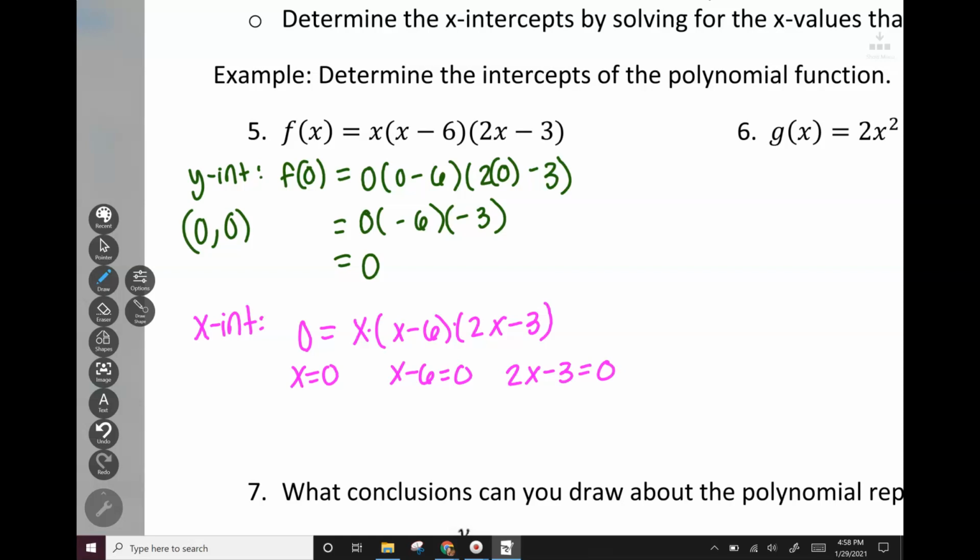If it's already factored for you, you're lucky. You will just set the factors equal to 0 and solve for x, just like we did with quadratics.